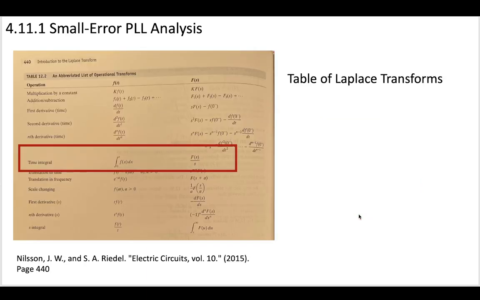Now, if you go and look at a table of Laplace transforms, we can put this into the S domain for simpler analysis. This one is in Electric Circuits by Nilsson and Riedel, a pretty popular book, but this type of table is in many books. We can see that a model for a time integral would be 1 over S, whereas a simple function would just be, you take f of t and turn it into f of s.